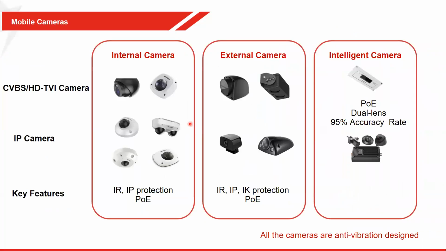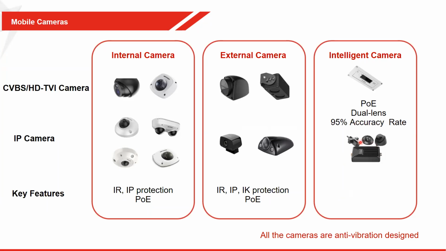Then our mobile cameras. So we've got a range of analog cameras, internal analog and external analog. Then our IP camera range, we've got a full range of internal cameras and outdoor, and also our intelligent cameras for people counting and covert cameras as well.